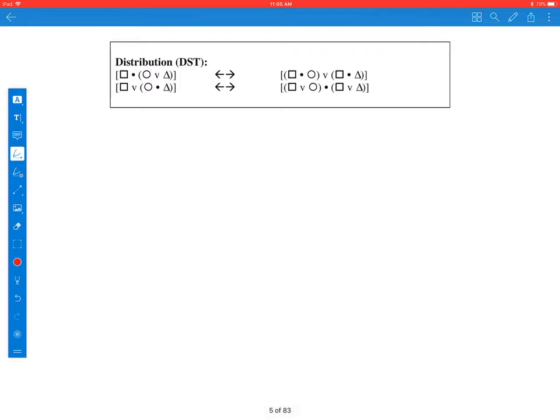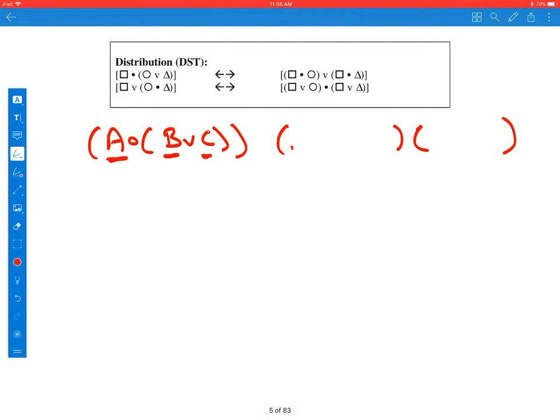Distribution. Okay, now this one is a bit more complicated to understand, but let's suppose we have A and (B or C). We might be able to distribute this A to the B and to the C. So here's how we do it.